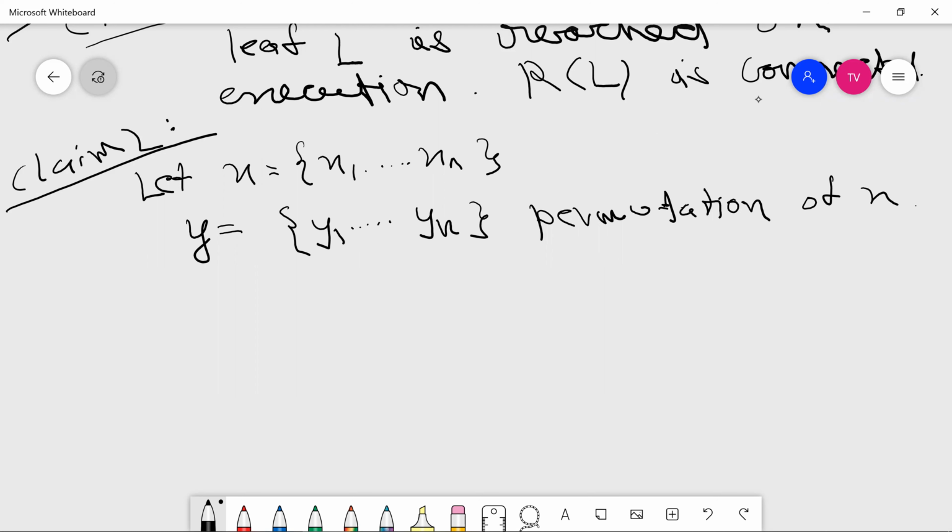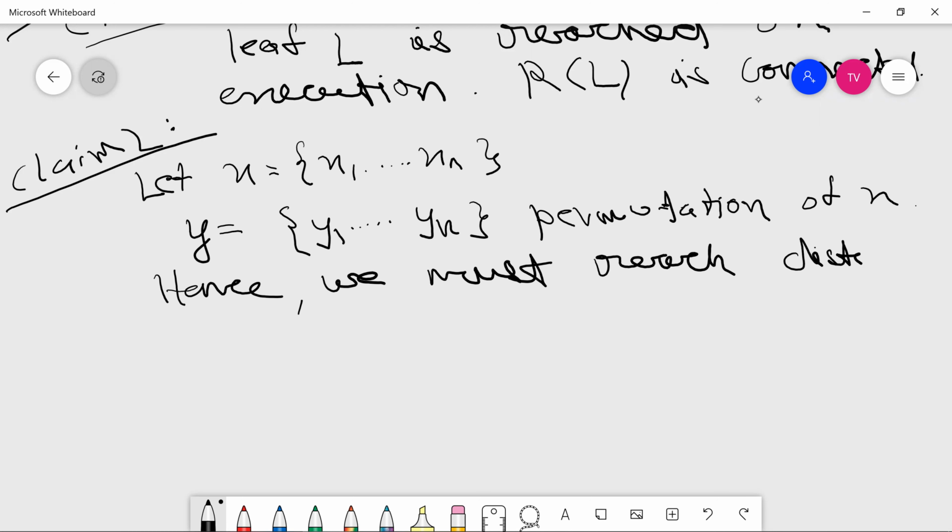So hence we must reach a distinct yes leaf.